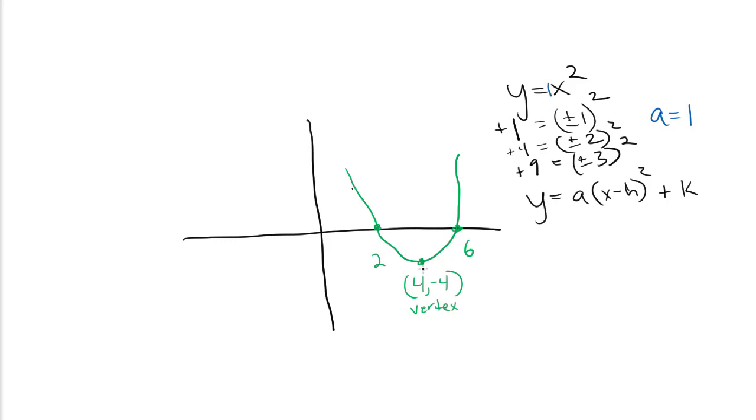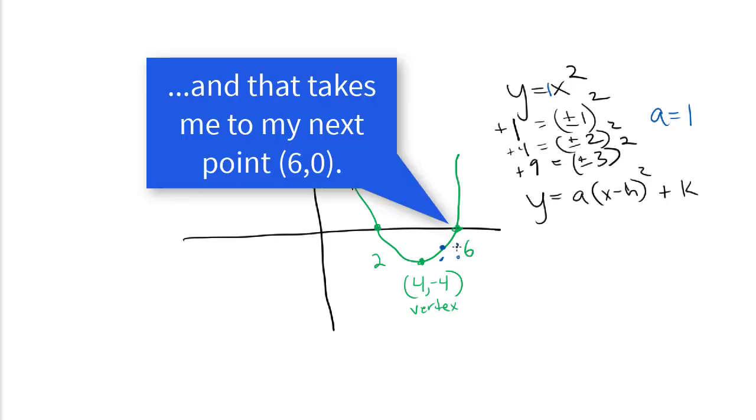Let's see the graph where I've got a vertex at 4, negative 4, and I have zeros at 6 and 2. How does that work? Well, if I go from 4 to 5 over 1, I go up 1 squared. If I go over 1 more to 6, I go up 2 squared, which is 1, 2, 3, 4. I go up a total of 4 for going over 2.